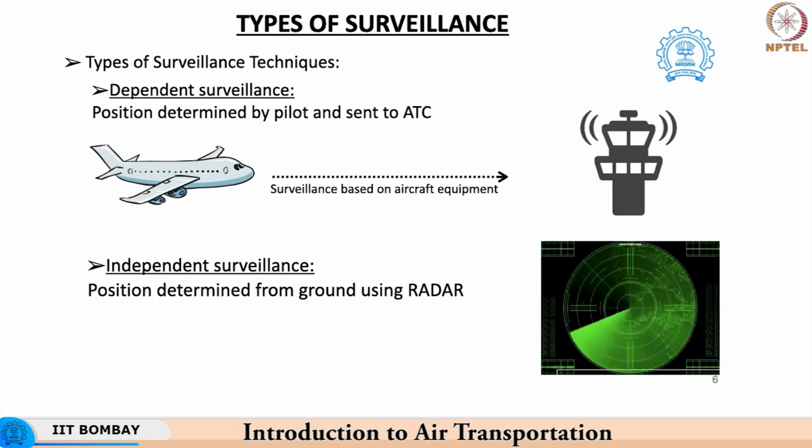So, this makes use of radars to obtain the location of the aircraft, which is displayed on the display unit that the ATC personnel have at their disposal, and based on this tracking, the ATC instructions are provided to the aircraft.